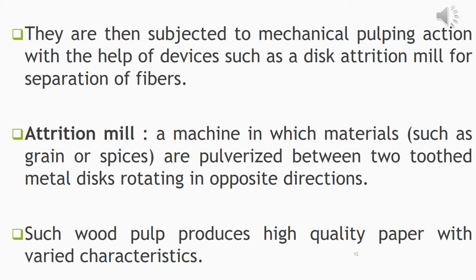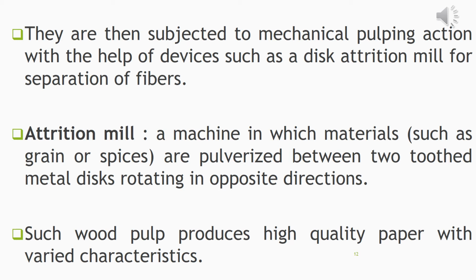So first we softened the wood chips using sodium sulfide along with alkaline salt solutions. Then we subjected them to mechanical pulping action using a disc attrition mill, which we used for the separation of fibers.